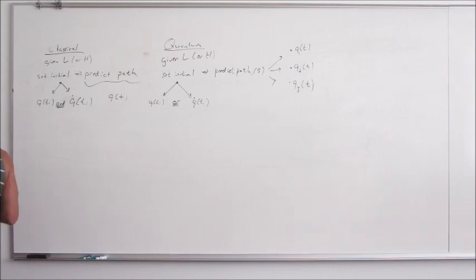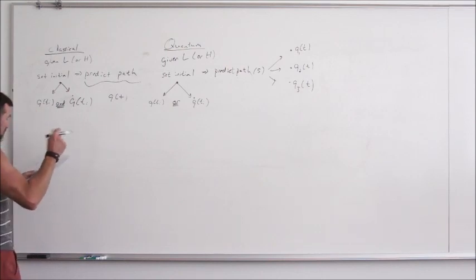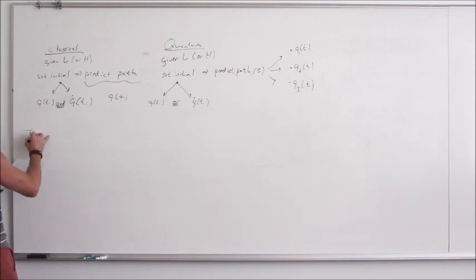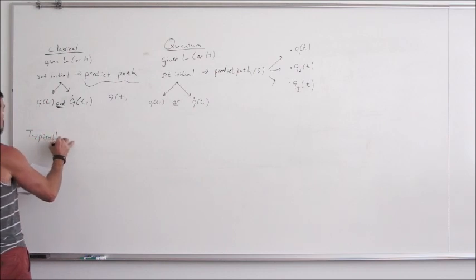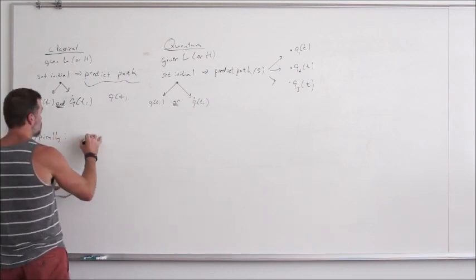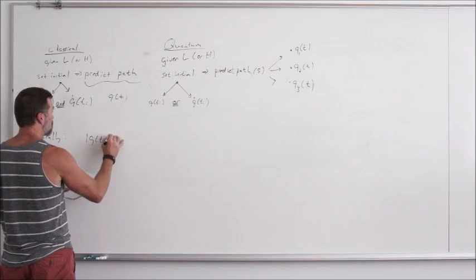Okay, so typically what we do, it's actually not that bad. Okay, so typically what we do when we work in quantum mechanics is we start with some initial state.